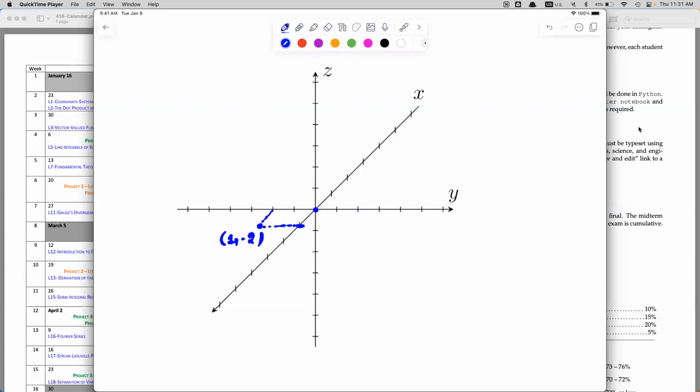So now I'm at the point 1, negative 2 on the xy plane. Okay with that? And to get the z component, I'm going to start at this point and move upward, or downward. In this case, because we look at z equal to positive 3, we're going up in the positive direction. So we're going up like this.